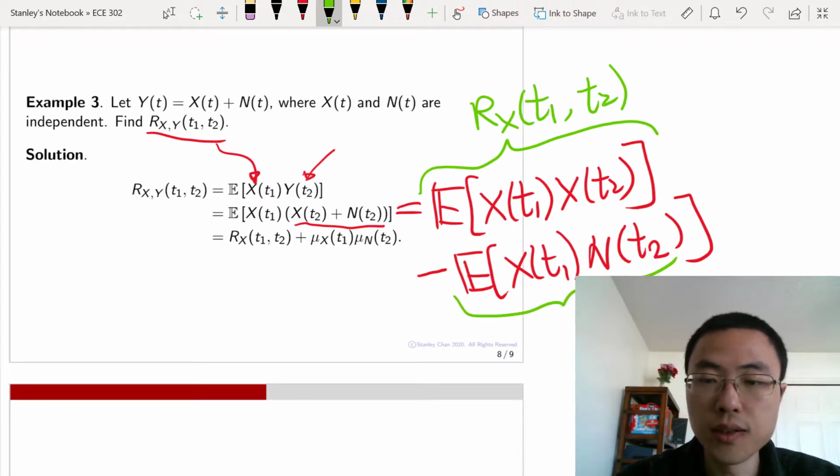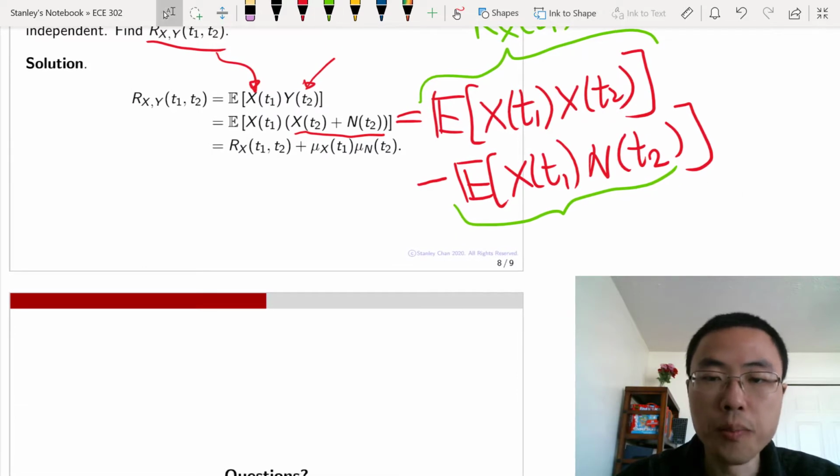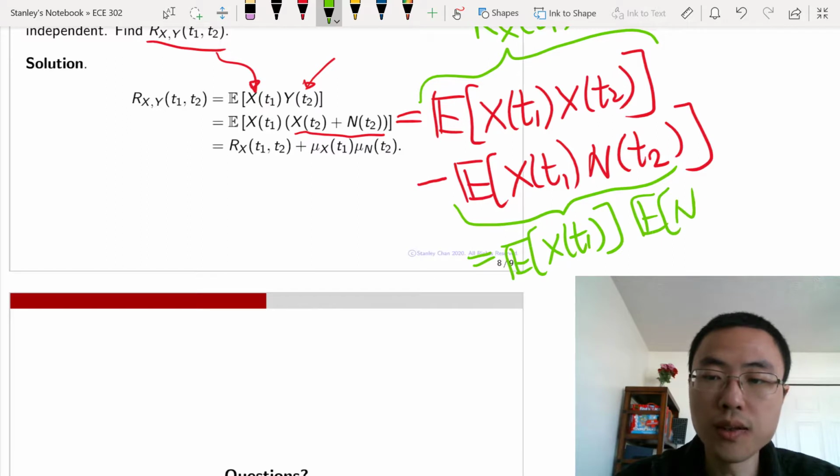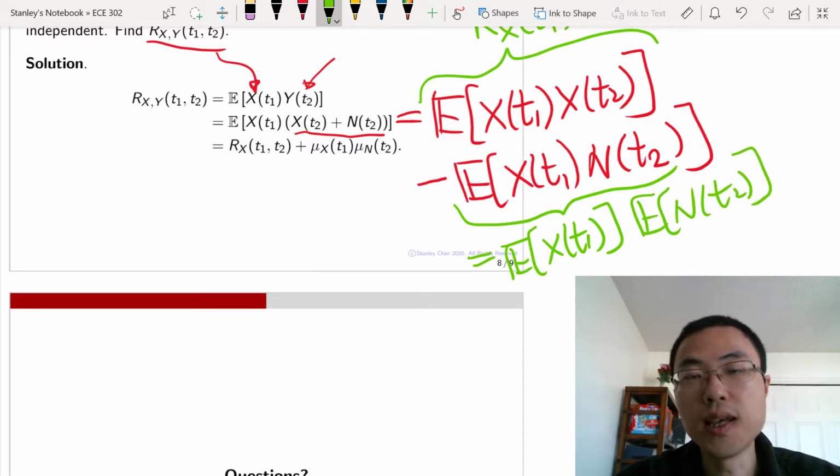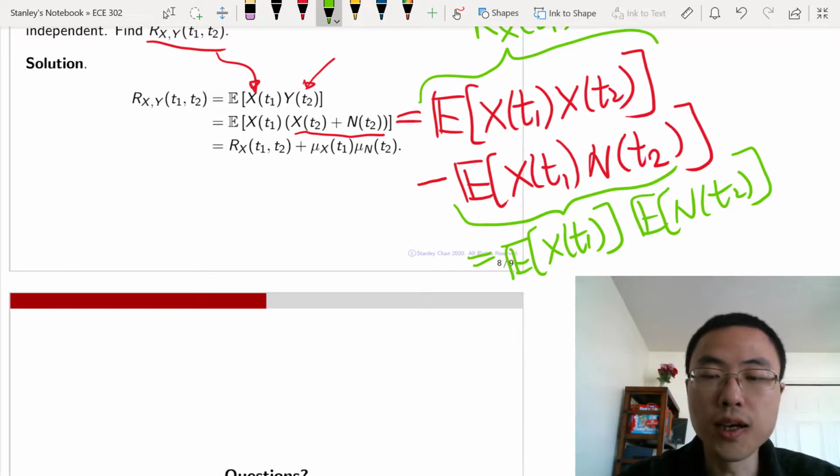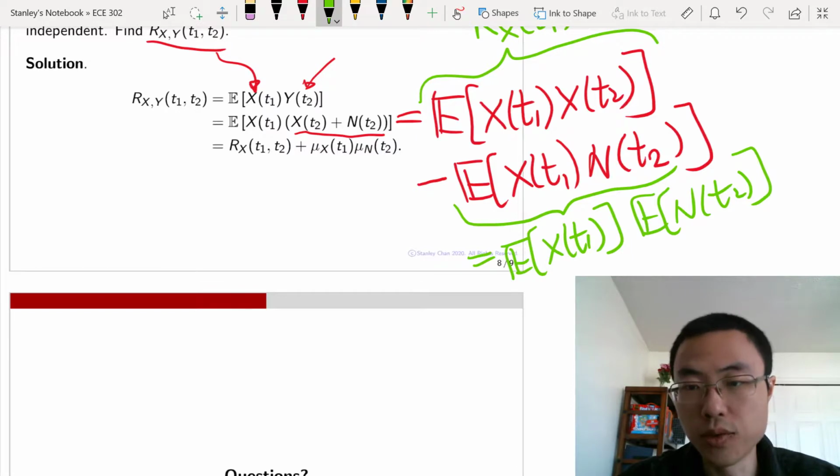The second expectation, because x and n are independent, I can write as the expectation of x at t1 times the expectation of n at t2. This is because independence implies uncorrelated, and therefore I can have this expectation factorized.